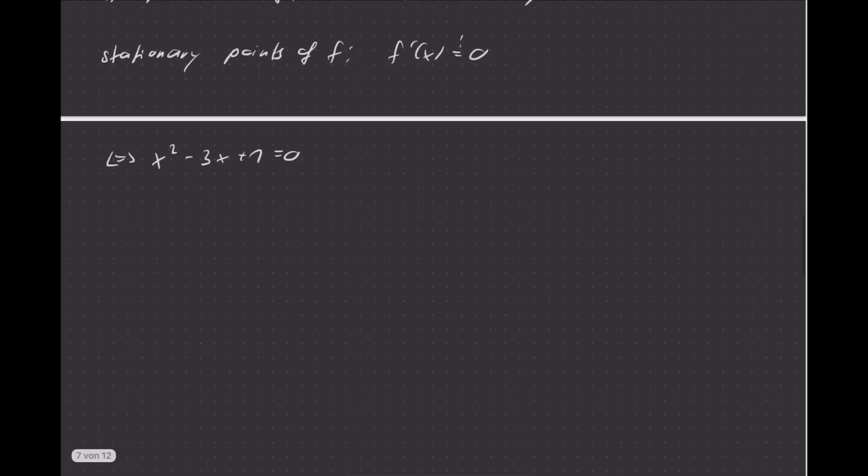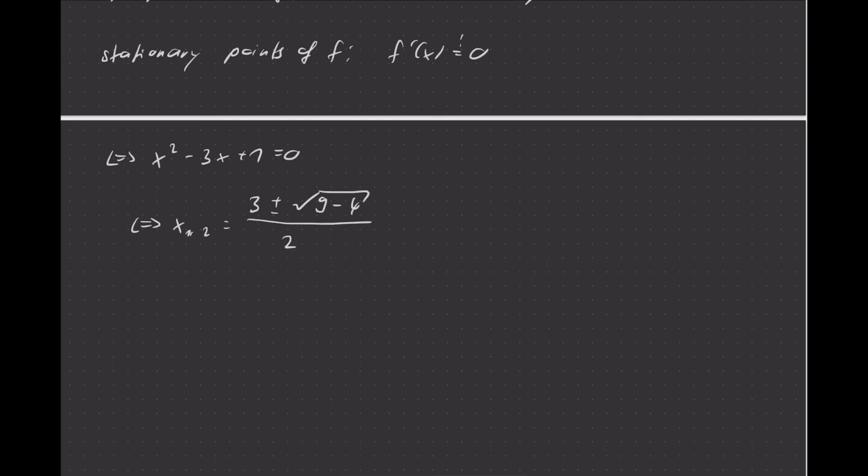Now that's a quadratic equation, and the roots of that equation are easily found by just applying the formula. So x1 and x2, the two roots of that quadratic equation, are 3 plus minus the square root of 3 squared, that is 9, minus 4 times 1 times 1, so minus 4, divided by 2.